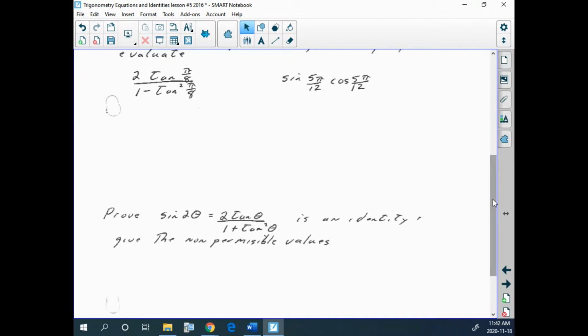We have an identity, one plus tangent squared theta, or something like that.